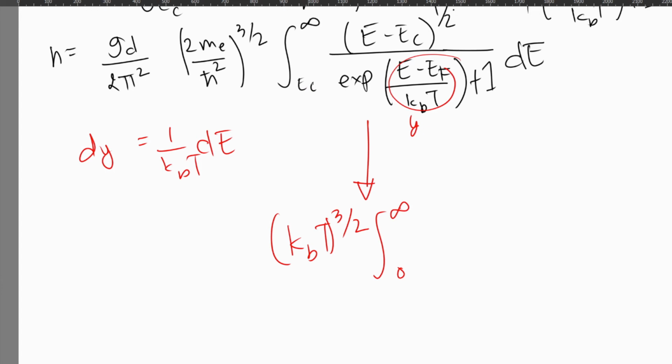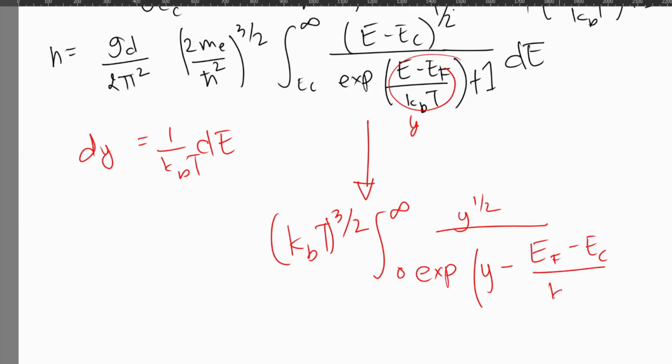So nagkaroon tayo ng change in the limits. Y to the 1 half over exponential of Y minus (EF minus EC) over KBT plus 1. So I'm sparing you most of the math for this one. Trust na lang natin siya.